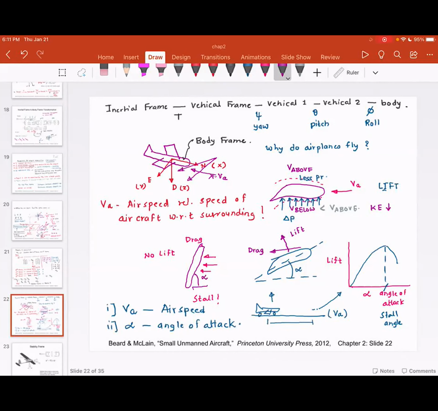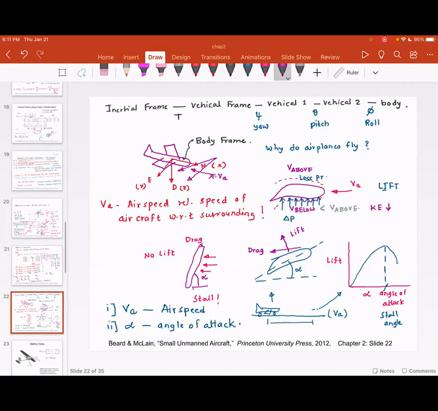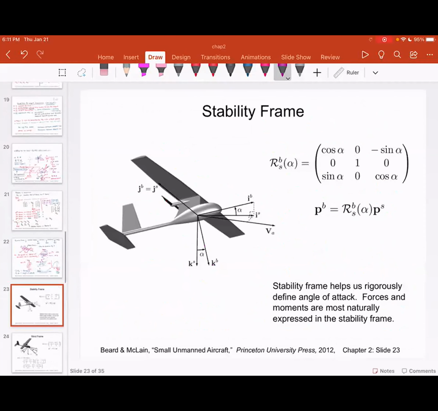Now, just to set the problem up, we are in the body frame. The next frame is called the stability frame. What I want you to observe here, and this figure does not give a very clear picture, so I will try to redraw this figure.